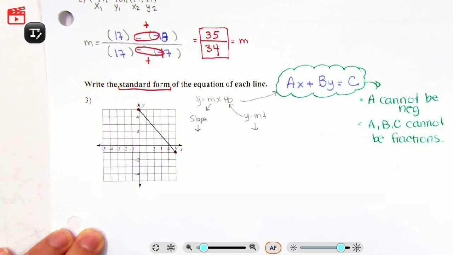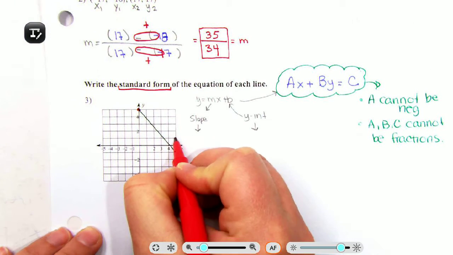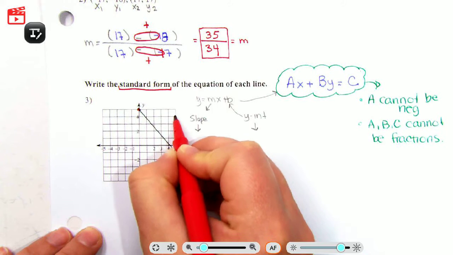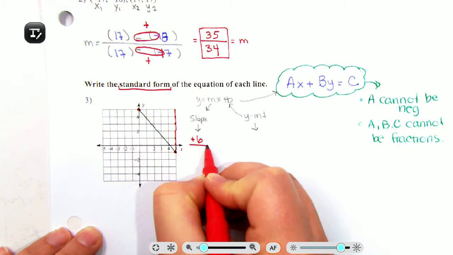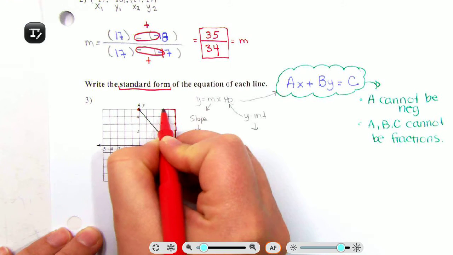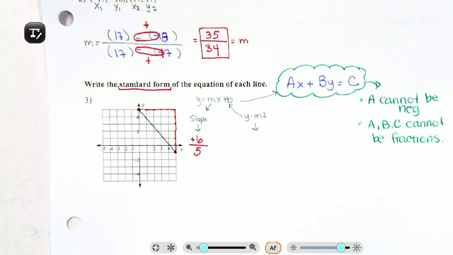Two pretty points. Again, pick a point and count. I'm going to choose this one. 1, 2, 3, 4, 5, 6 jumps up, so it's positive. Now I'm going to the left. 1, 2, 3, 4, 5 jumps to the left, which is negative.